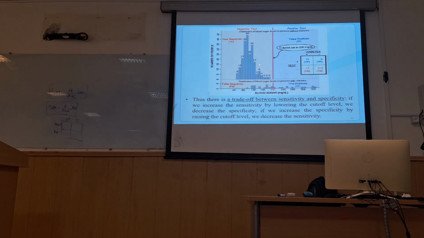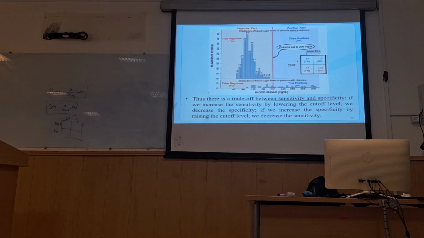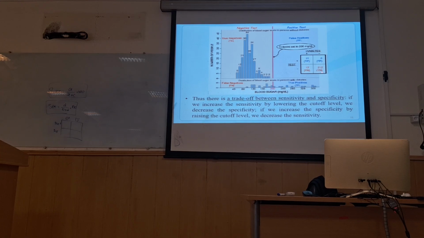But imagine that you establish another cutoff point to distinguish between healthy and unhealthy people, or diabetic and non-diabetic persons. In this situation, the specificity of the test is perfect, but sensitivity is not perfect. Yes?